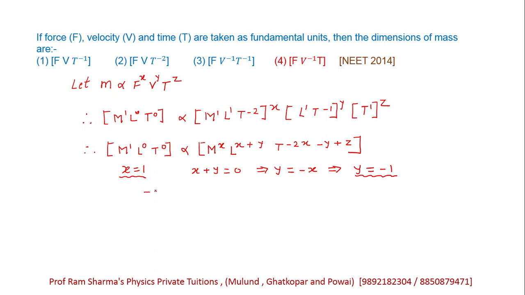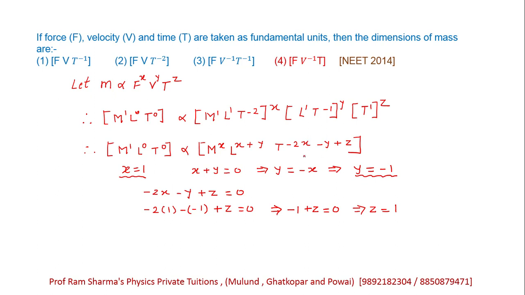We'll get minus 2X minus Y plus Z is equal to 0. So we know the value of X as 1, we know the value of Y as minus 1, plus Z equal to 0. So that will give you minus 1 plus Z equal to 0, or I can write Z is equal to 1. So now we have the power of all.